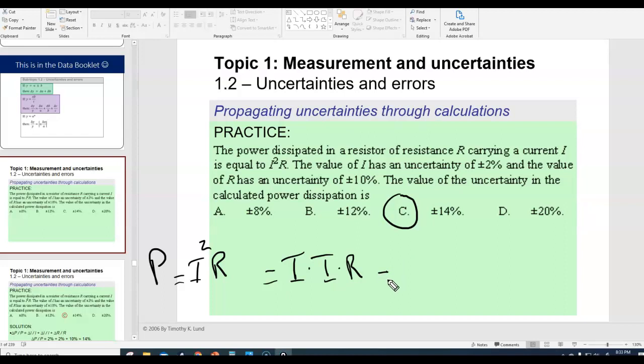So we are multiplying, and the rule is when you multiply or divide, you add the percent uncertainties. So that means we would add the percent uncertainty in I, which is 2%, that's given, plus the percent uncertainty in I, which is 2%, plus the percent uncertainty in R, which is 10%. And that would give you a grand total of 14%.